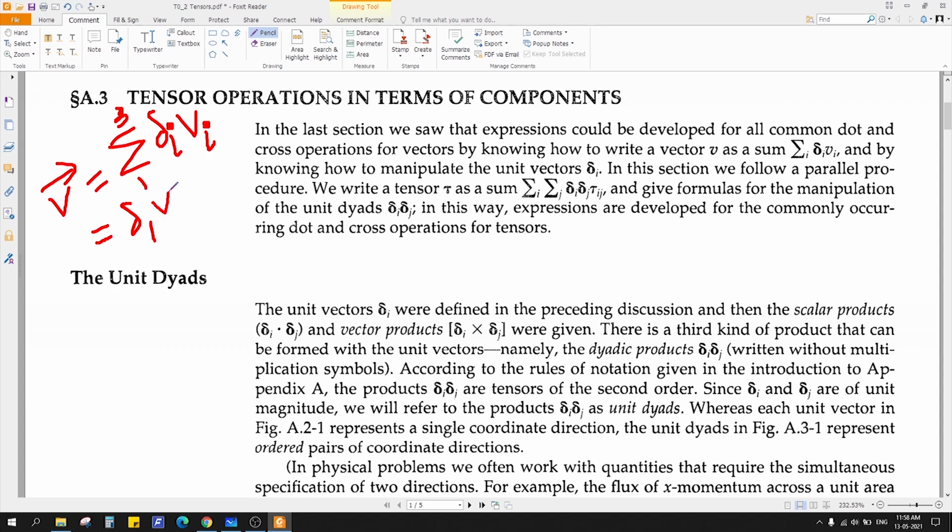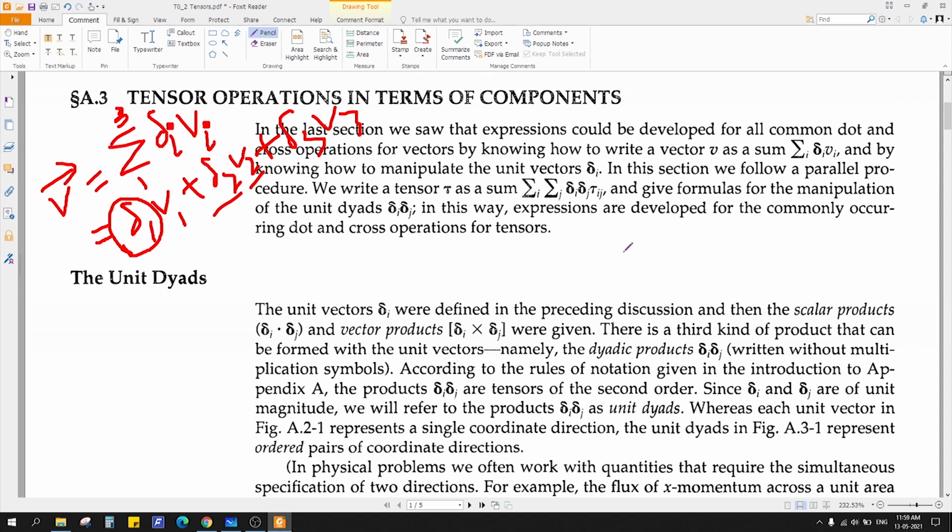Delta 1 v1 plus delta 2 v2 plus delta 3 v3, right? So delta 1 stands for the direction, let's say i cap, and v1 the scalar component, delta 2 j cap, then we have v2 or vy, and so on, right?